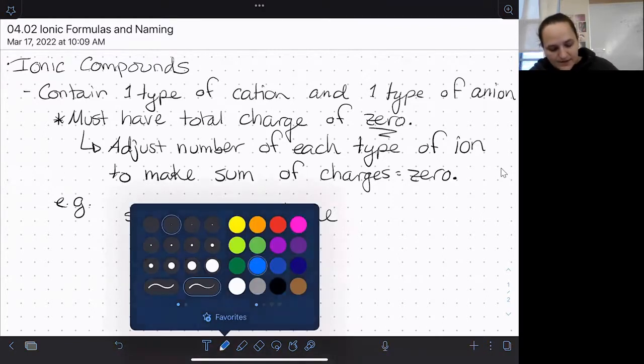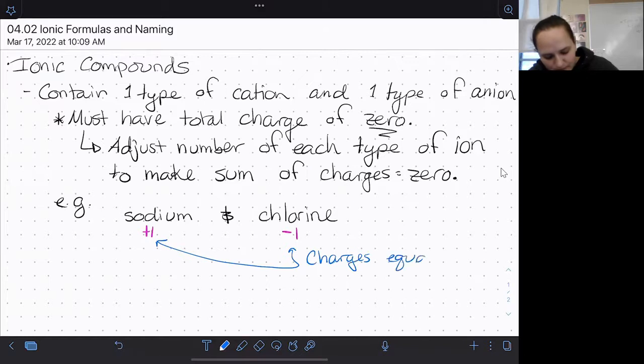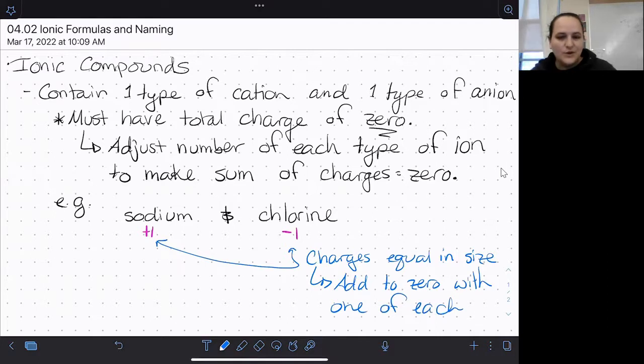So in this case, because our charges are equal in size, they already add to 0 if we have one of each. So that means we don't need to make any ratio adjustments here.